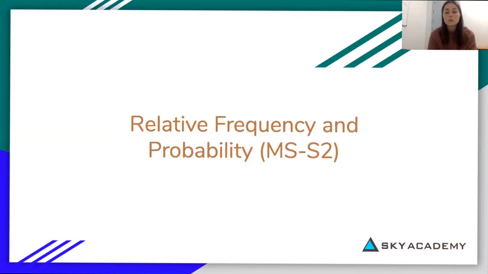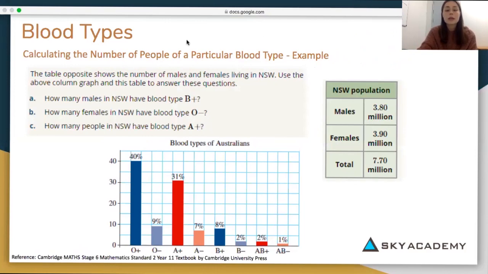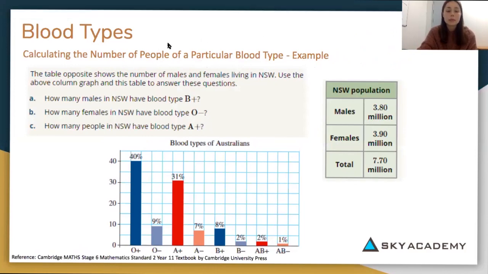For example, we're going to have a look at this question which talks about blood types. It won't specifically ask for the expected frequency or anything to do with probability, but that's essentially what we're doing. The question says, the table opposite shows the number of males and females living in New South Wales.